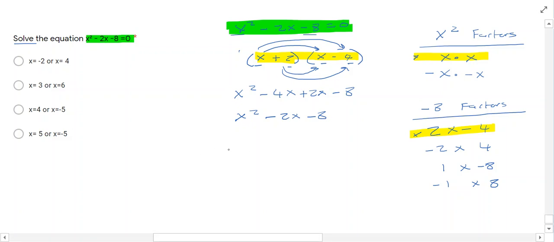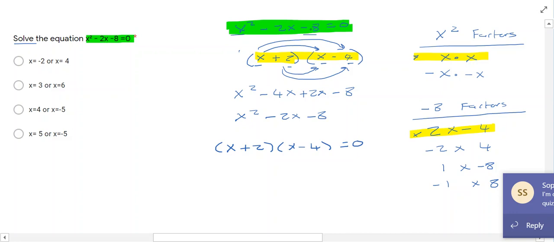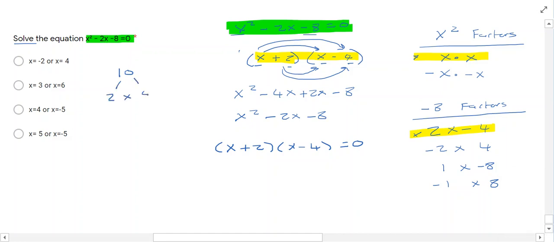So what we can say is that x plus 2 multiplied by x minus 4 is equal to 0. You're basically taking this and getting the factors for it. It's the same thing as if you have 10 and you're getting 2 multiplied by 5.